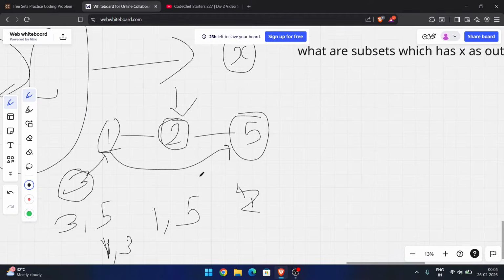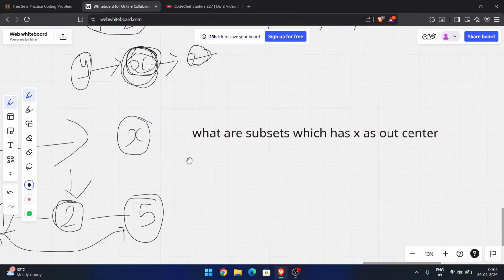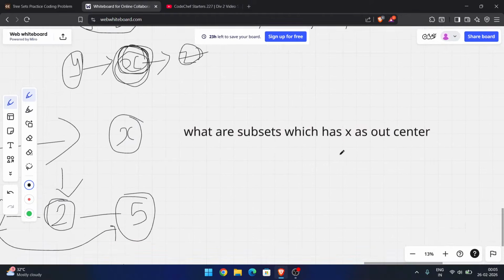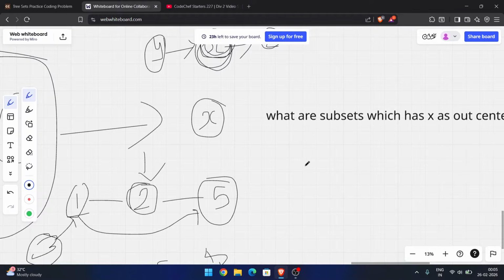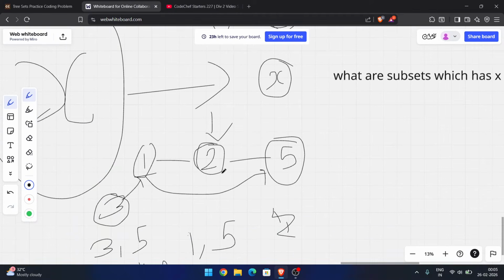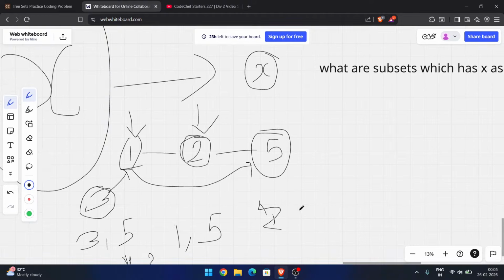So for every X, I am counting how many subsets have X as a center. One more valid case would be 2 and 5, and I can also take 1 and 2. These are my cases.